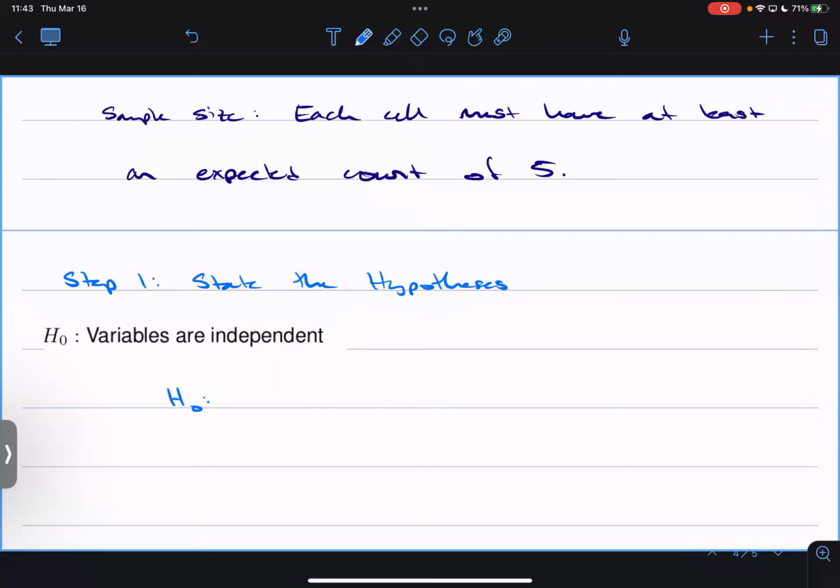But the null hypothesis, and maybe I'll use dark, I want light blue to highlight the steps. The null hypothesis, if we want to be a little bit more clear, is that variable 1 is independent of variable 2.